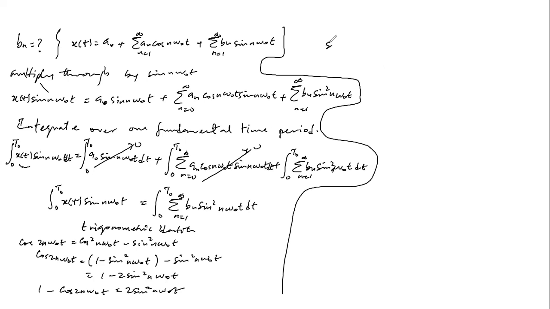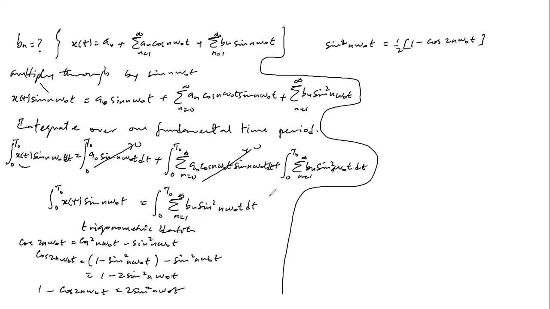So sine squared n omega t is the same as 1 over 2 times 1 minus cos 2n omega t.